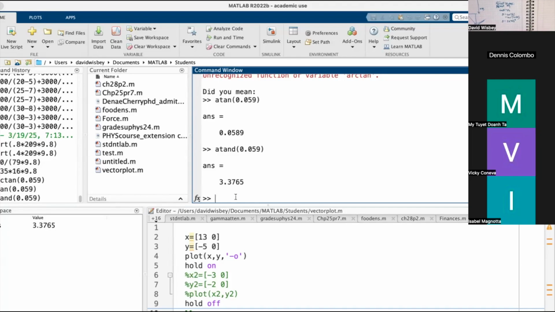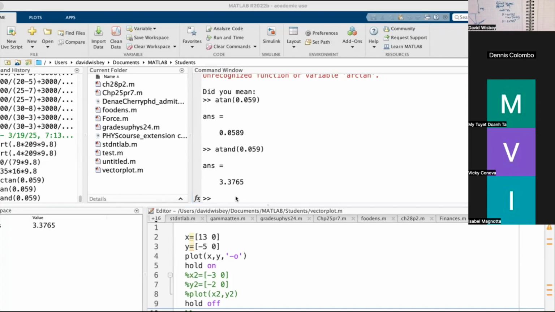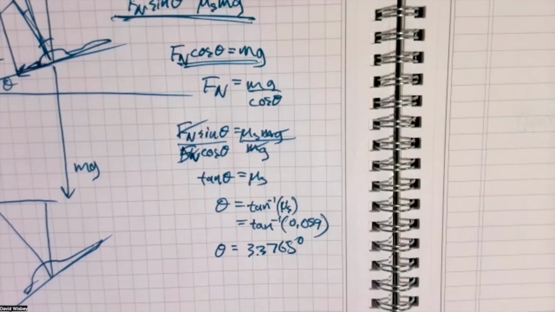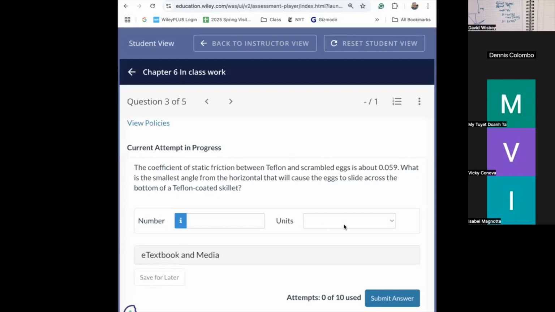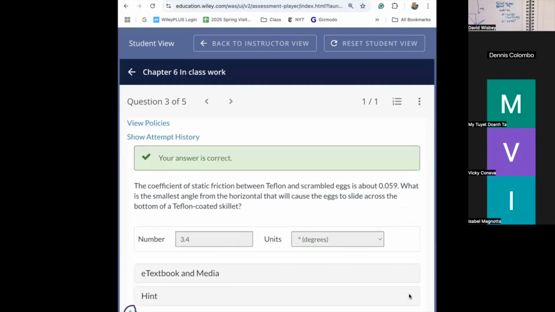Let's go back to the problem, and we will put that in, and let's see if we're right now. It's in degrees, and this had two significant digits, so it's going to be 3.4 degrees, and we did it.